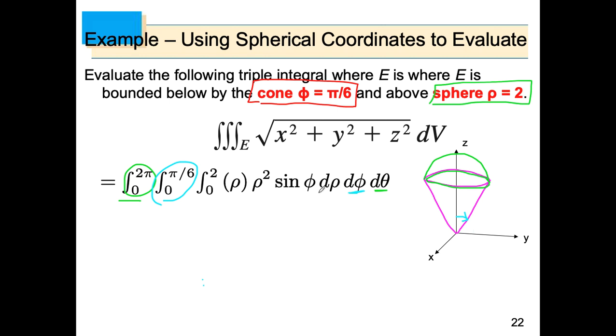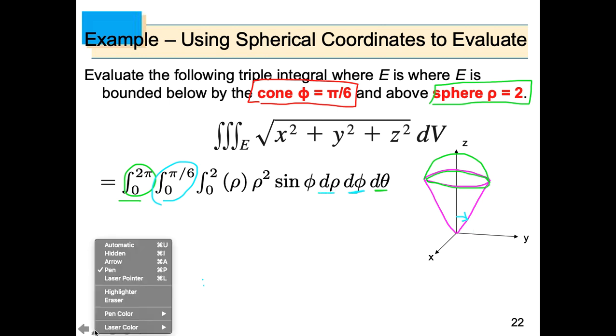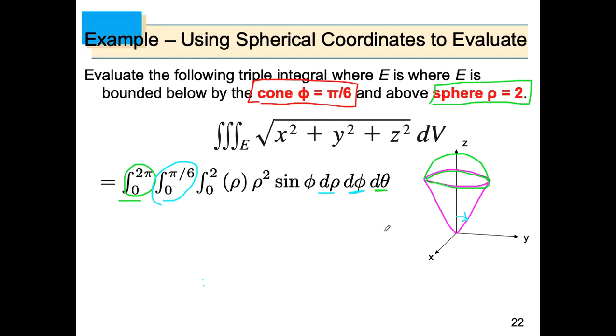Now rho, when I integrate with respect to rho, that's from 0 to 2. That's because this is bounded above by the sphere of radius 2. Now my sphere is probably not to scale, obviously. It's probably actually much more flattened than this.